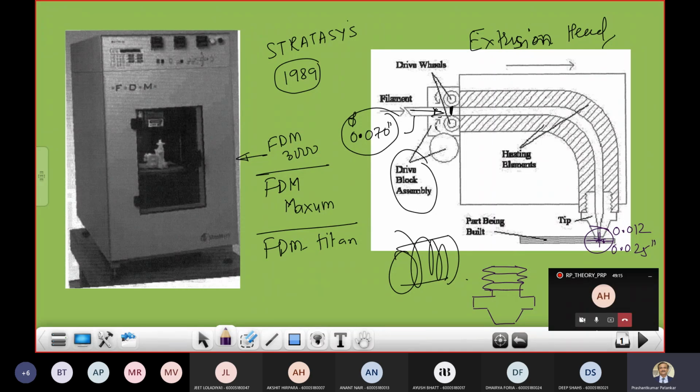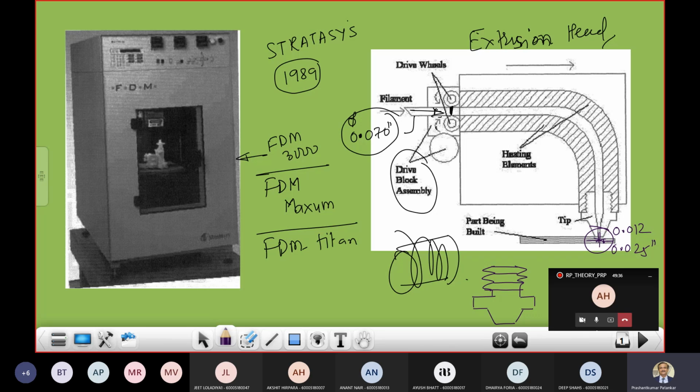It is similar to the other rapid prototyping techniques, where we also build materials in layer by layer form. Here also we do it the same way.